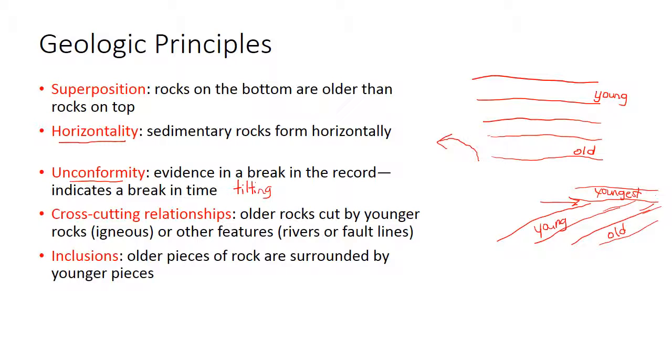We also have cross-cutting relationships. This is where you have older rocks cut by younger rocks. So let's say we have this whole rock system here that we built, and this is now our old system of rocks, and something new is going to happen to them.